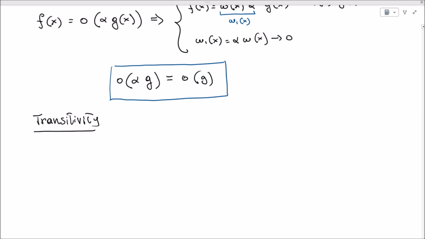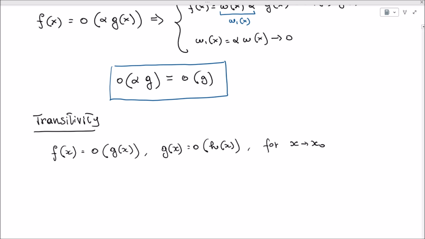So let's suppose that f of x is equal to little o of g of x, and g of x is little o of h of x for x that goes to x naught, then we can conclude that f of x is equal to little o of h of x for x that goes to x naught.